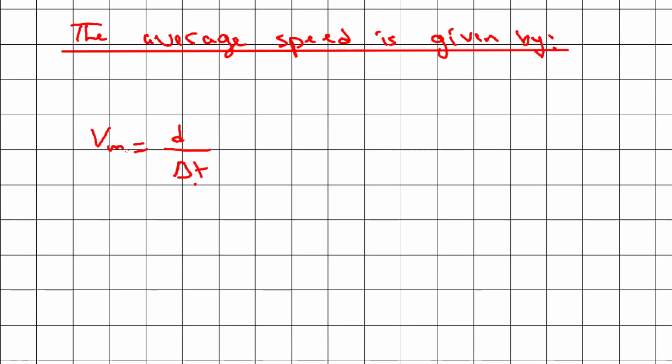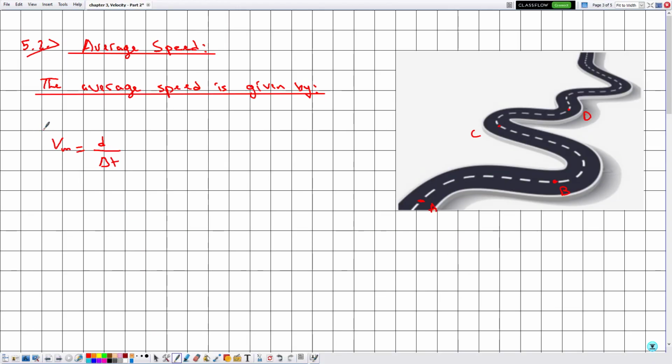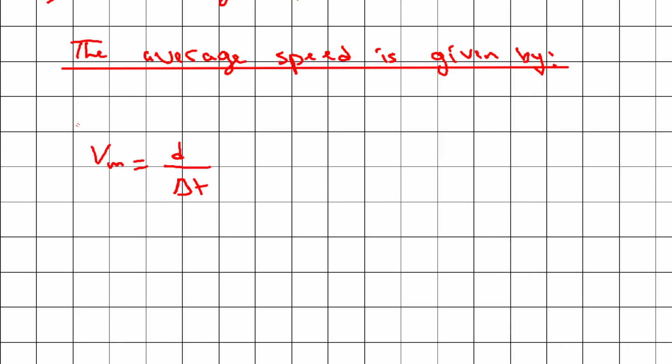We all know what is meant by delta t: delta t is equal to t2 minus t1. So Vm is equal to d divided by delta t.